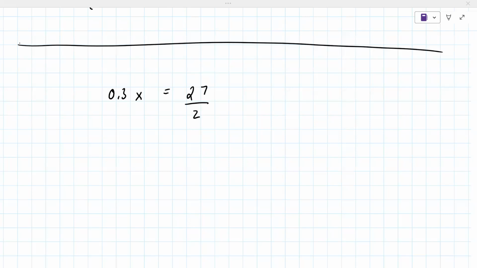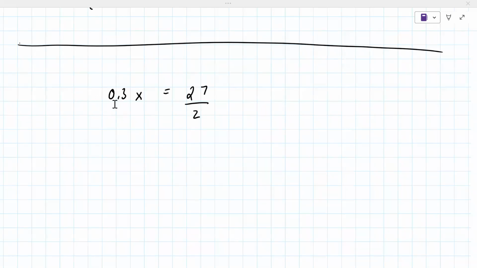You have to convert either the decimal to a fraction or the fraction to a decimal, or both, depending on what you want to do. x equals 45. Okay.